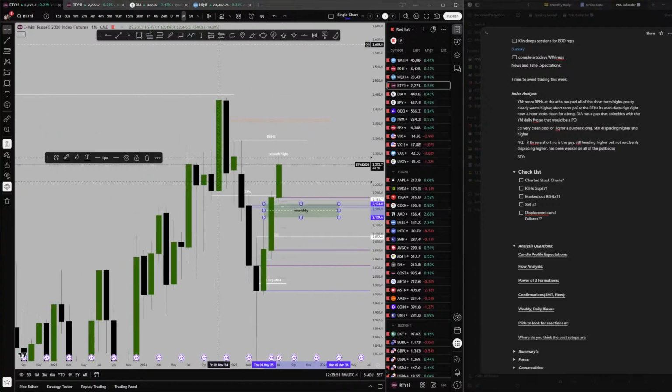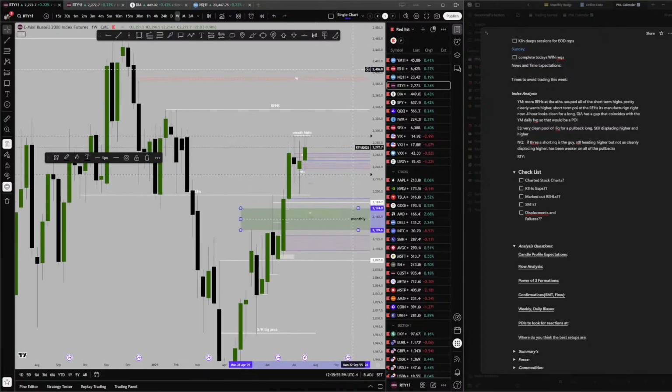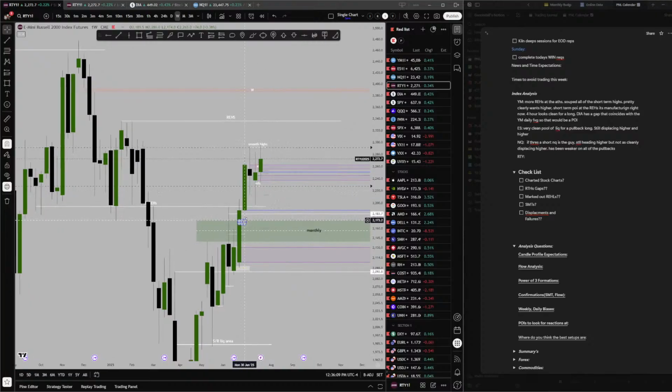Nothing here on the higher time frame yet. Weekly. Gosh, there's so much stuff. There's an overlapping weekly, but I don't care about it anymore. This pool of liquidity could still come get souped. So much stuff here.